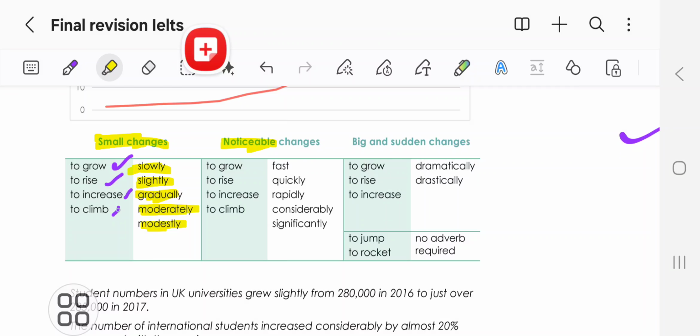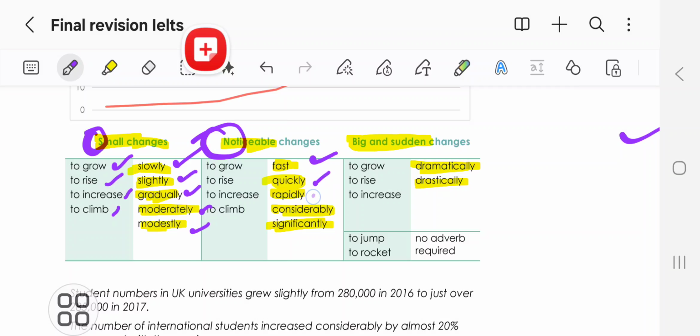If there is a noticeable change, you can say there is a fast change: quickly, rapidly, considerably, significantly. If there is a big and sudden change, you can talk about dramatically, drastically. So remember: small, slowly, slightly, gradually, moderately, modestly. Noticeable, fast, quickly, rapidly, considerably. Big, dramatically, drastically. Just remember that.